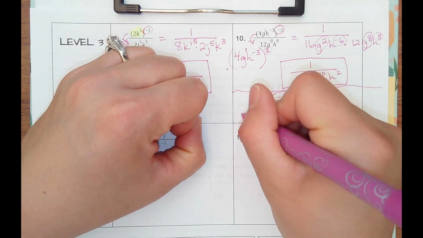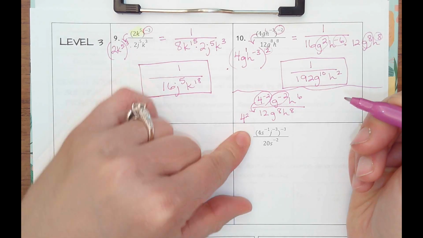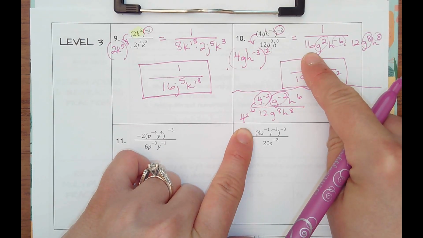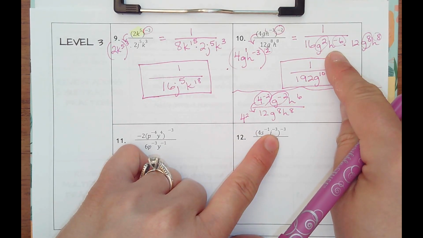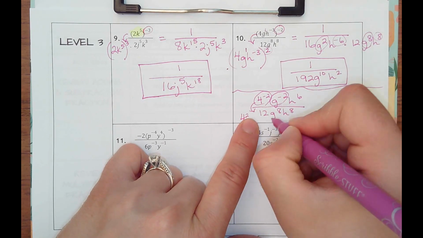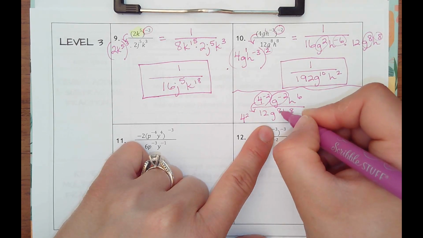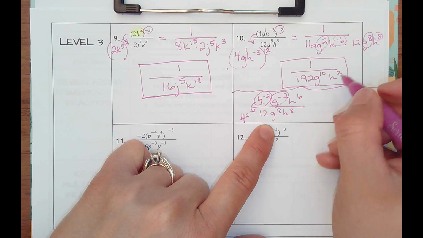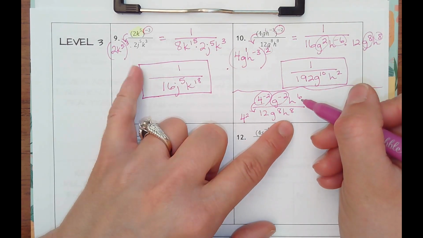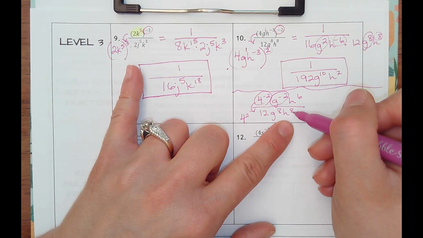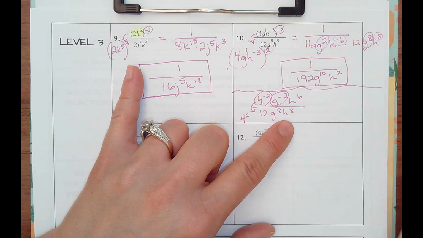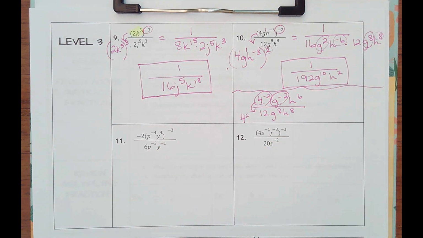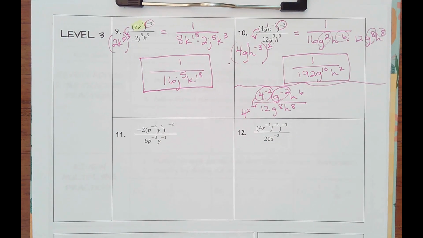So this would really be 4 squared, which is 16, which is what we had on the bottom, times 12, so we get that number. G squared would be on the bottom, which gets added. So it'd be 8 plus 2 is 10. There it is. And then we've got 6 on top over an 8, so it would leave an h squared on the bottom. So your choice of which way you like to do it the best. Or we got 2 more of the tricky ones.